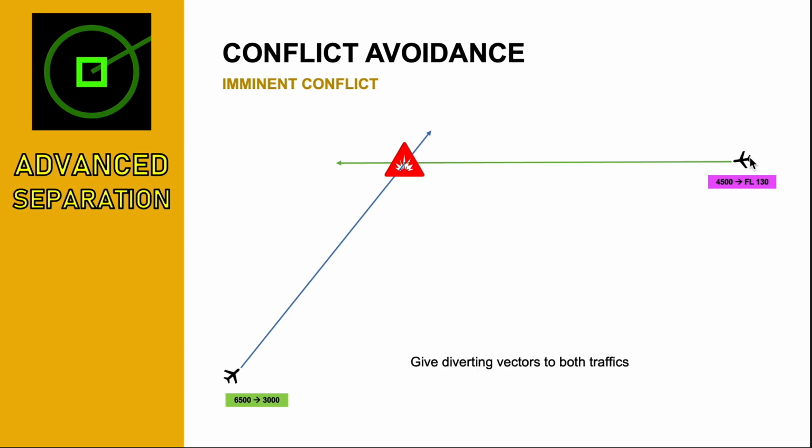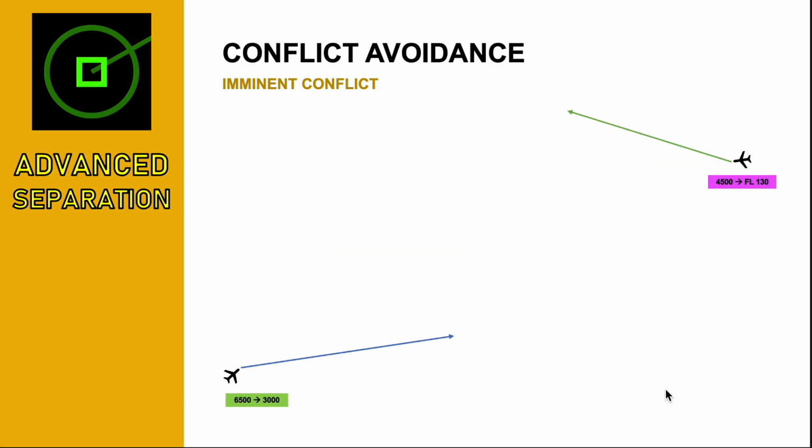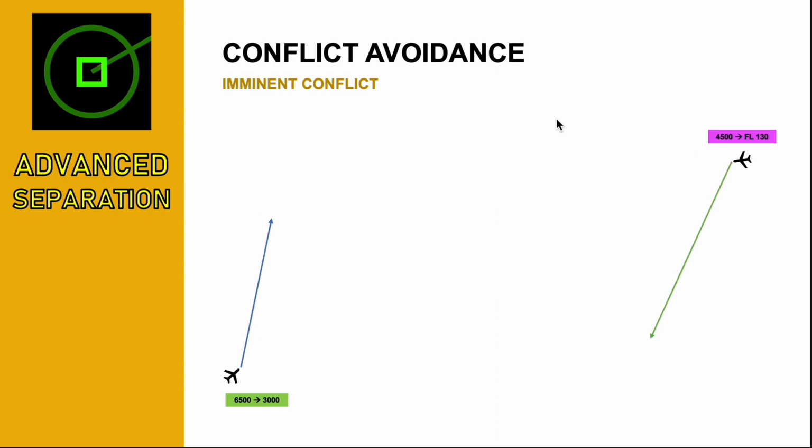You give a diverting vector. But in that situation, both traffics must turn left or both traffics must turn right at the same time. So if I tell this one turn left, this one is going to turn left as well. If I tell this traffic turn right, this one is going to turn right as well. So this is how you deal with imminent conflicts.